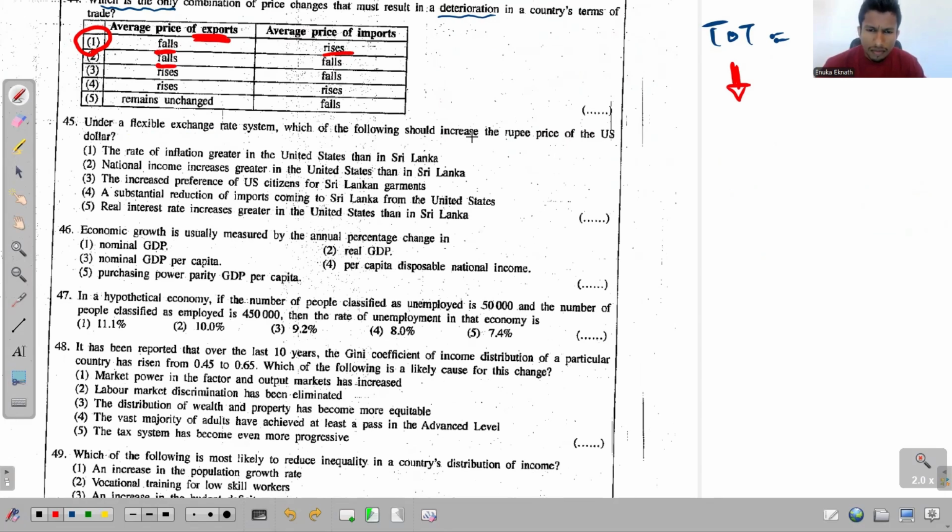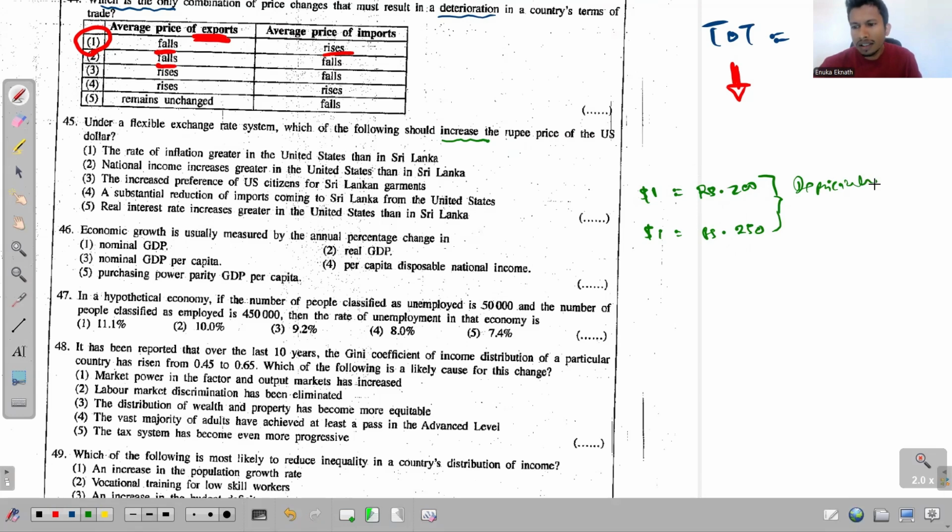Just assume that in the initial situation, $1 is equal to rupees 200. But in the second situation, $1 is equal to rupees 250. So this is what we recognize as the increase in the rupee price of USD. Right? So this is what we recognize as depreciation.